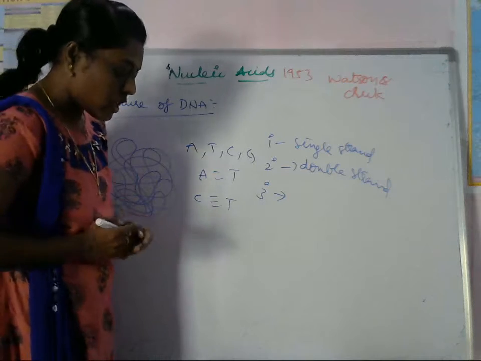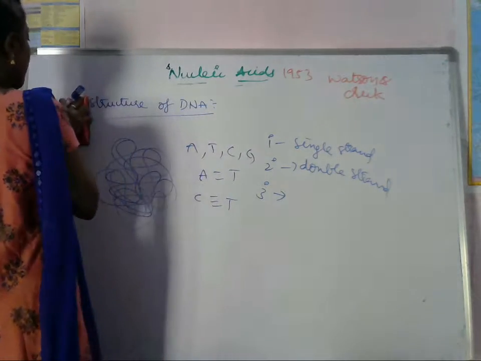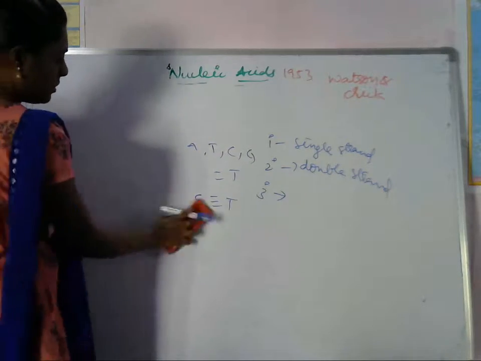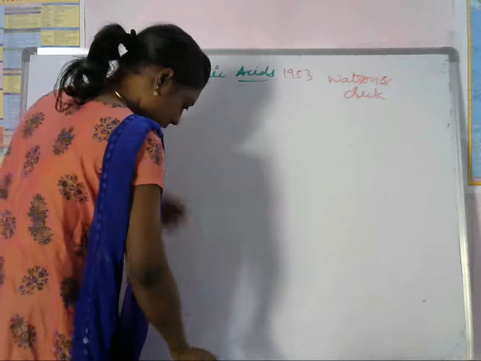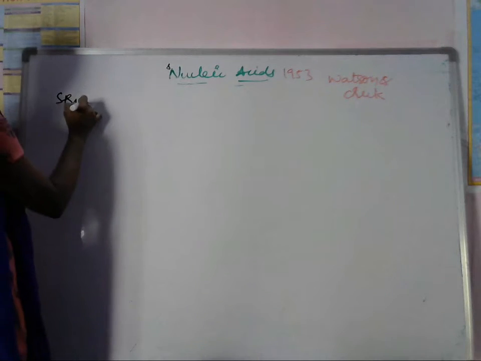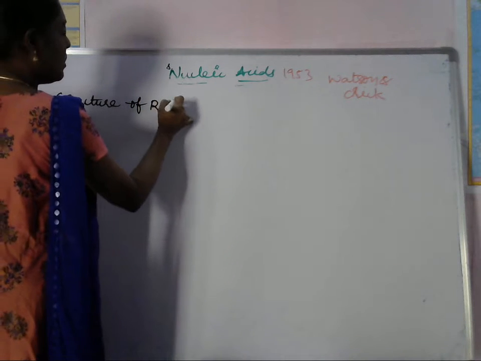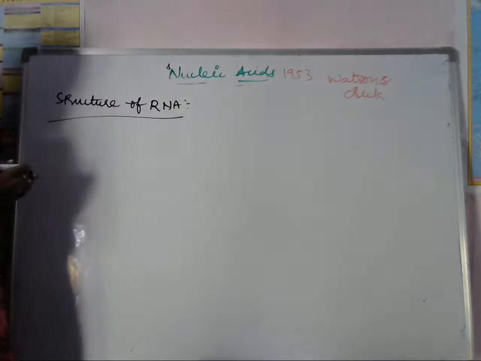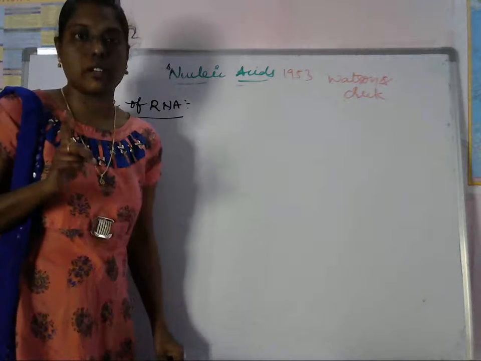So let's see the structure of RNA. Unlike DNA, RNA exists as a single strand only.